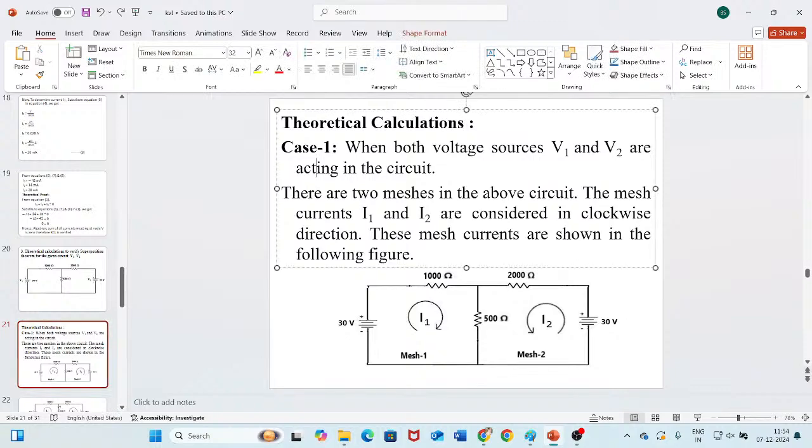Now let us consider case 1, when both voltage sources V1 and V2 are acting in the given circuit.